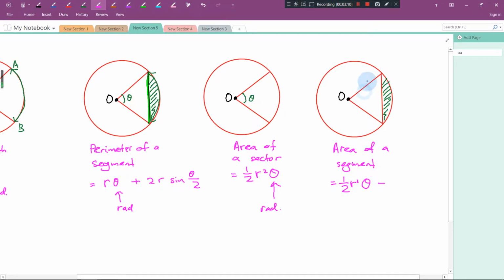We have to minus the area of the triangle over here. Let me show it for you. Because we don't want this triangle part, we only want this part, right? So we have to minus the area of a triangle. How to find the area of the triangle? 1 over 2 r squared sine theta. So this is the area of a triangle, this is the area of the sector. We take this one minus this one, then we will get the area of the segment here.